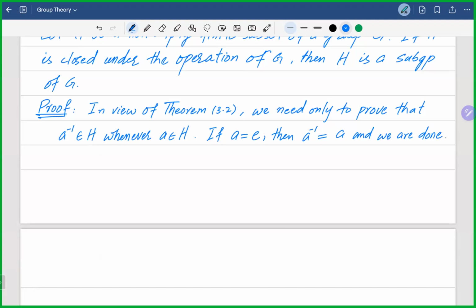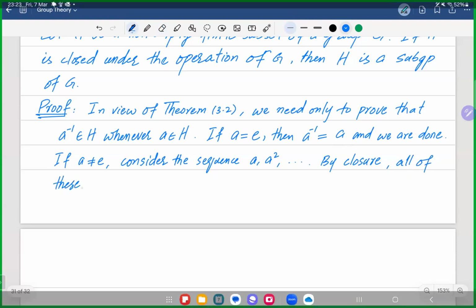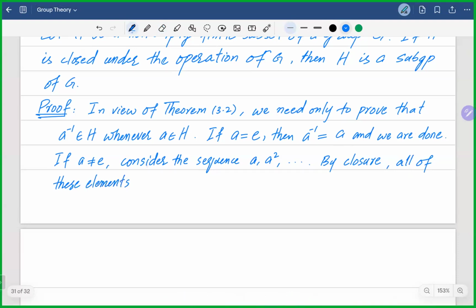But this is not the only case. If A is not the identity, we consider the sequence A, A square, and so on. By closure, all of these elements belong to H, right?